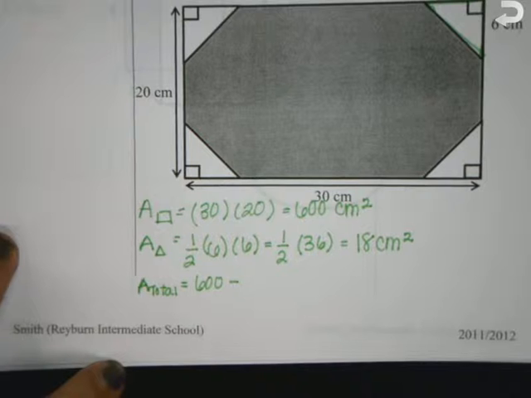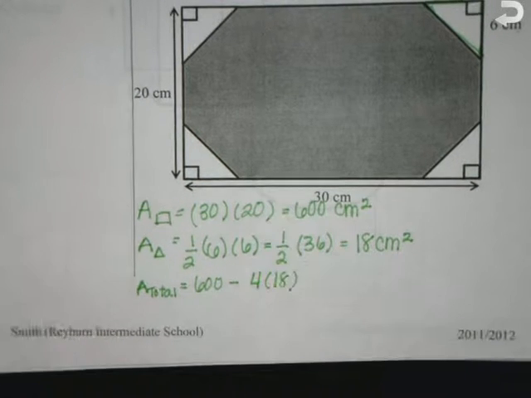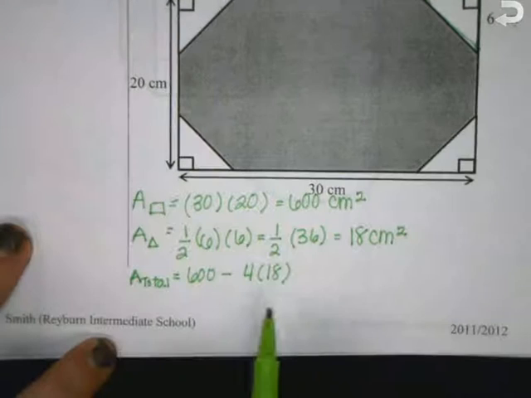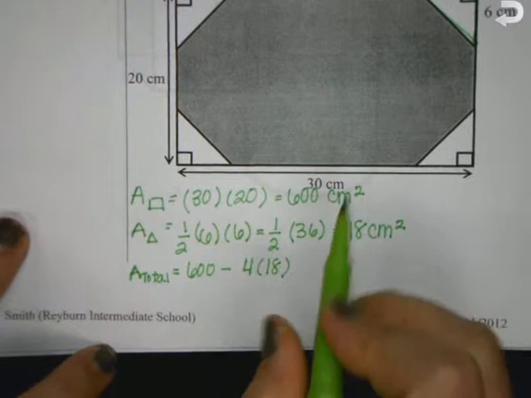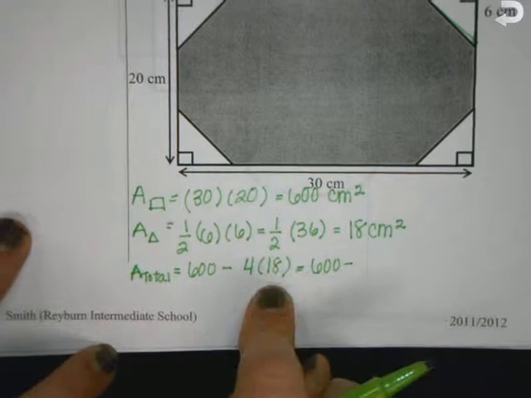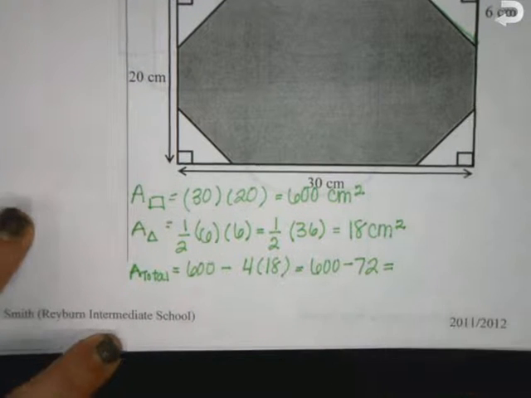So we have to multiply 18 by 4. Okay, so that's 600 minus, what's 4 times 18? 72. And 600 minus 72? 528? Yeah. Okay, 528 what?